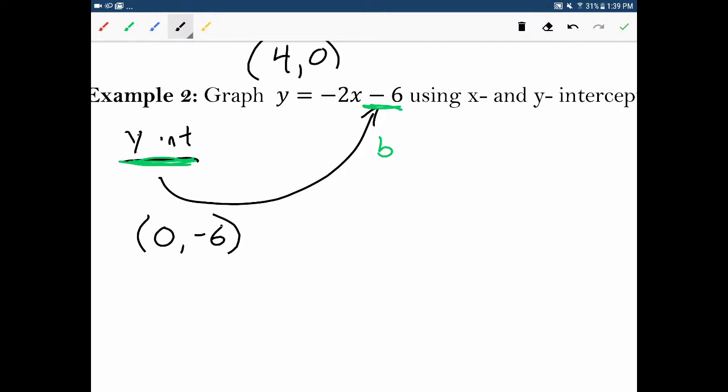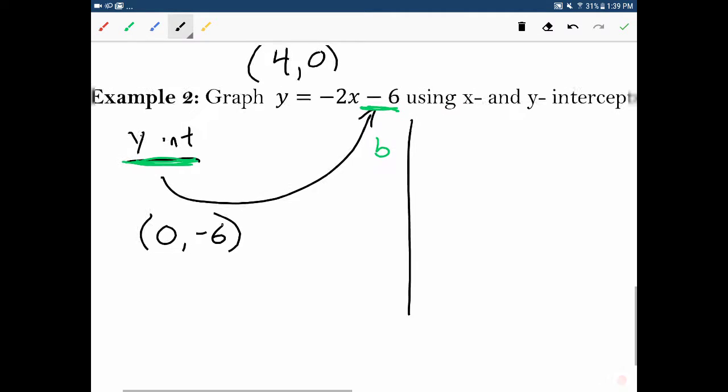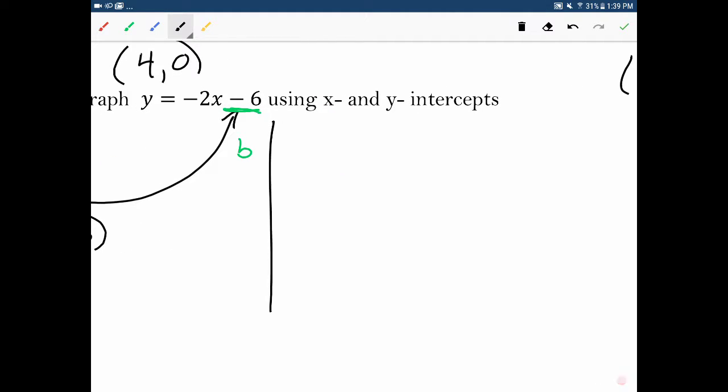What we are going to do now is we're going to find the x-intercept, and we're going to do it a little differently than we would have done it in the past. Well, I guess we never did it in the past. We used the slope. So instead of using the slope, we are going to take the equation, and instead we're going to have a 0 instead of y, because we're finding the x-intercept.